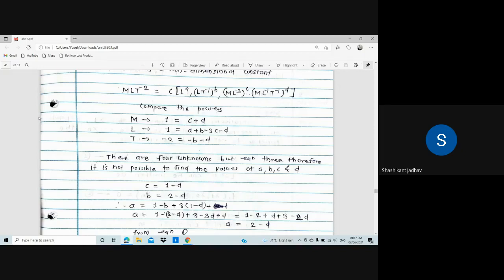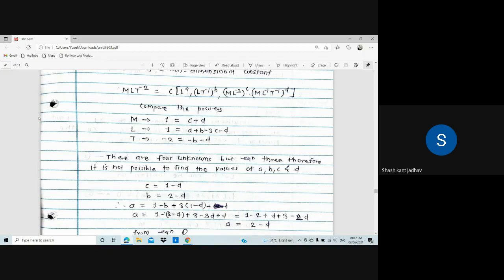So for the kg, M is there, for meter there is an L, and per second square, that is T raised to minus 2. So in that way we have to write down the dimension of each quantity. Already we have written the dimensions of all quantities. So from that we write down the dimension of force, that is M L T raised to minus 2.